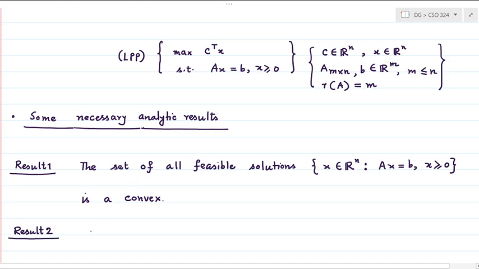The next result says that if there is an optimum solution of this LPP, then that optimum solution must be assumed by one of the vertex or one of the extreme point of this feasible region.